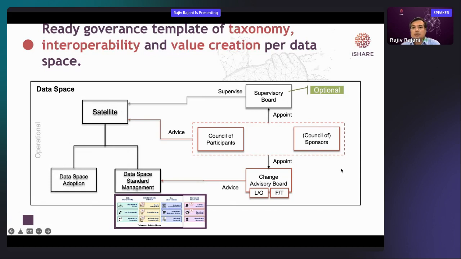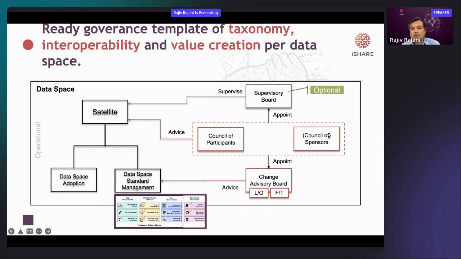And on the right you see the participants, basically, who are governing the operational aspects, right? So on the top, optionally you can have a supervisory board to supervise the operations of the satellite, which of course is appointed by the council of participants and possibly the council of sponsors, depending on your data space structure. Of course, you have the participants, so you have the council of participants.